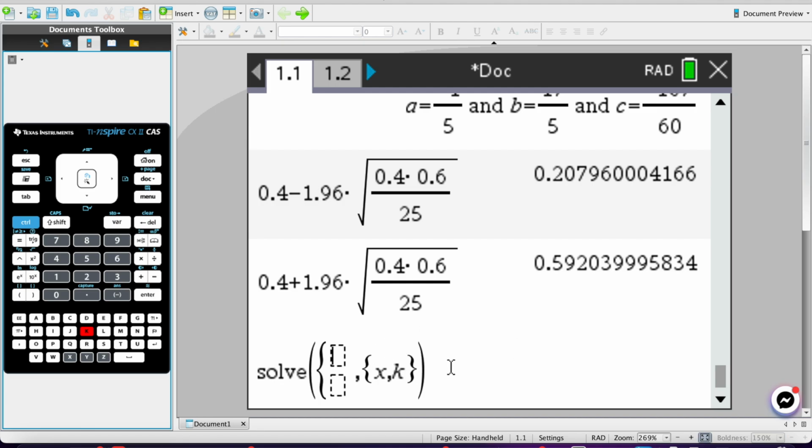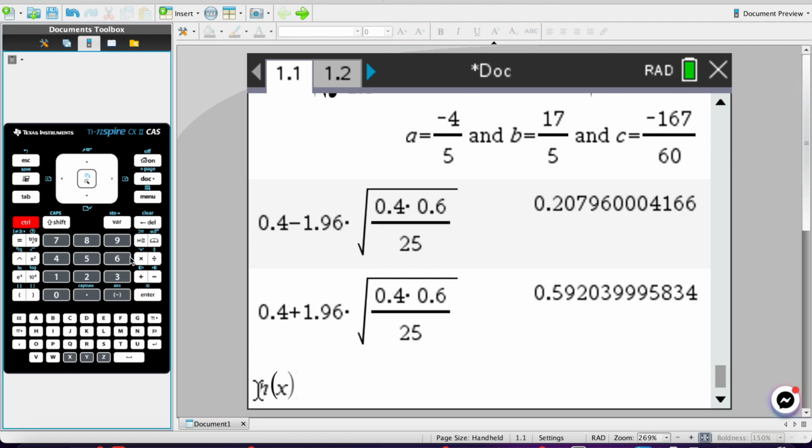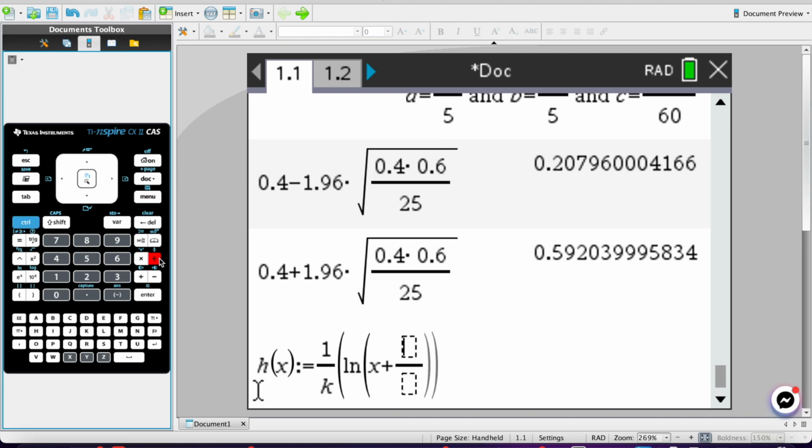Actually, I'll define h of x first. h of x, we'll define that as 1 over k times ln of x plus 1/2 minus ln of negative x plus 1/2.